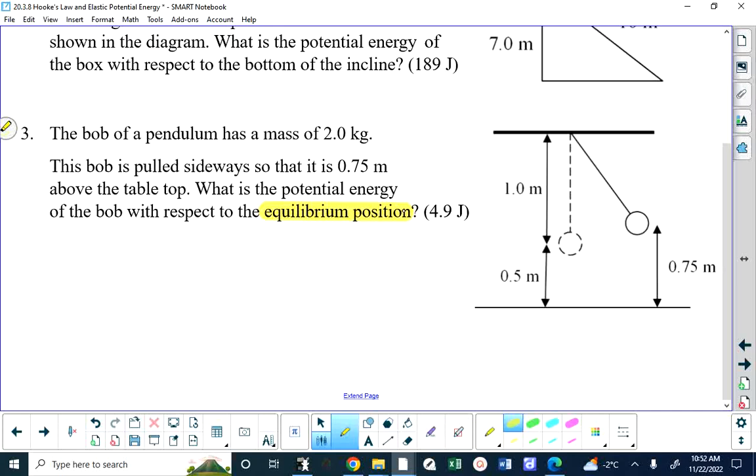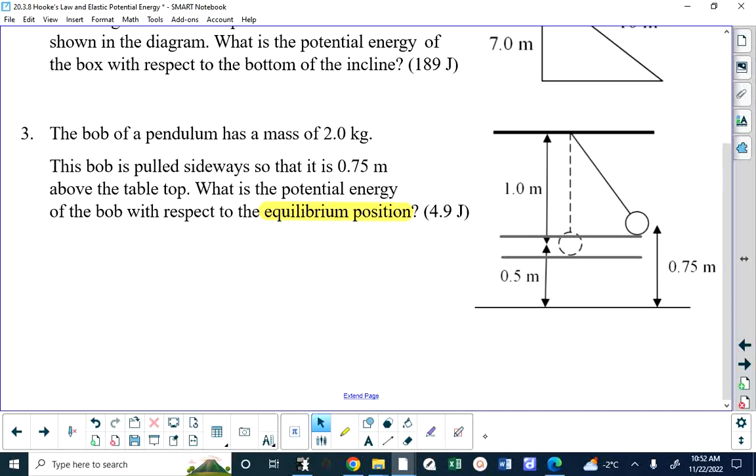However, when we talk about potential energy of the bob, the mass that's swinging around, relative to the equilibrium position, what that means is the bottom of the bob is here at the equilibrium position. The bottom of the bob is here at that highest point. When I say what is the gravitational potential energy, that means I have to use that height, how far above the equilibrium position it is.